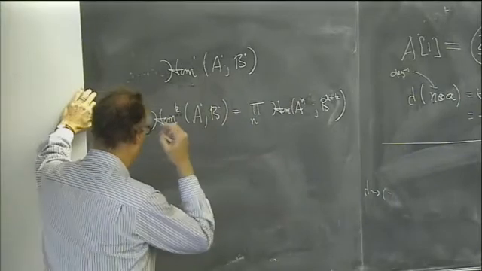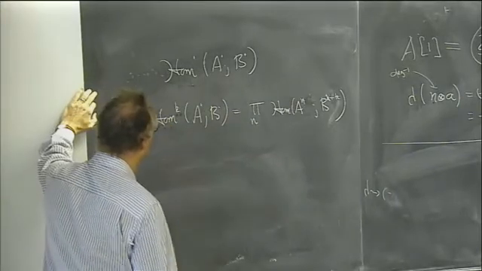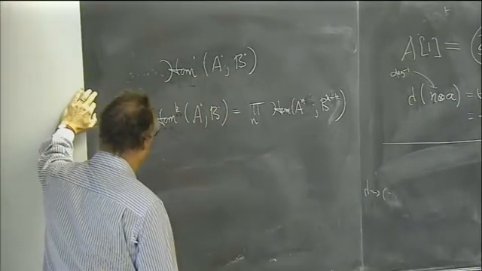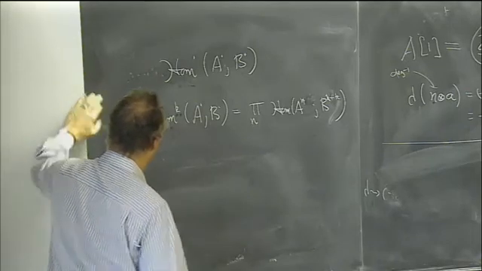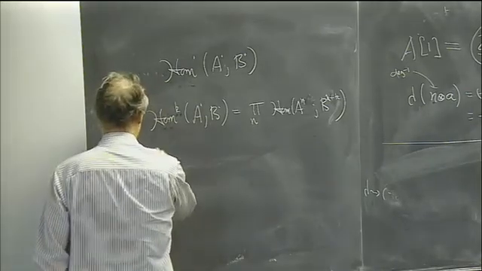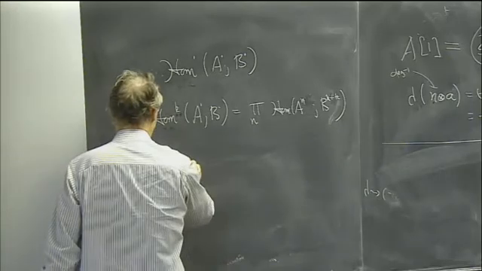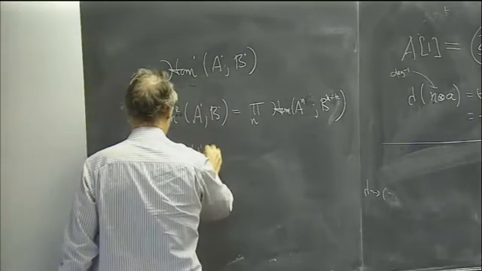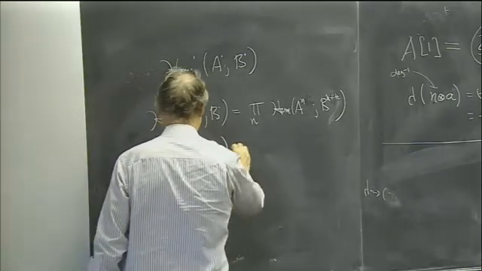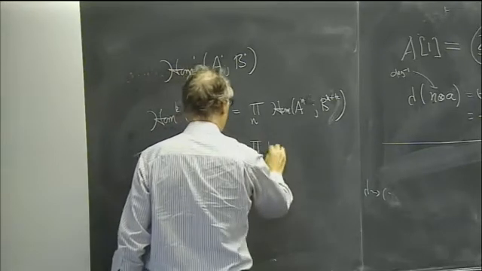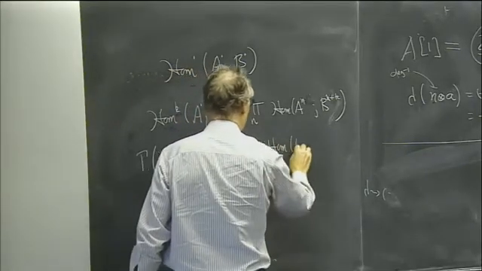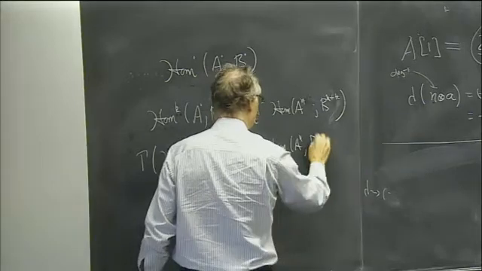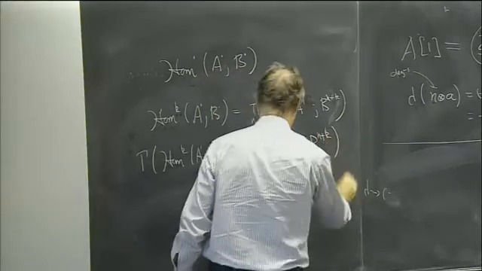Positive degrees shift up. All right. And the global sections of Hom K, A, B are simply the product over N of the global homomorphisms from A N to B N plus K. Okay.